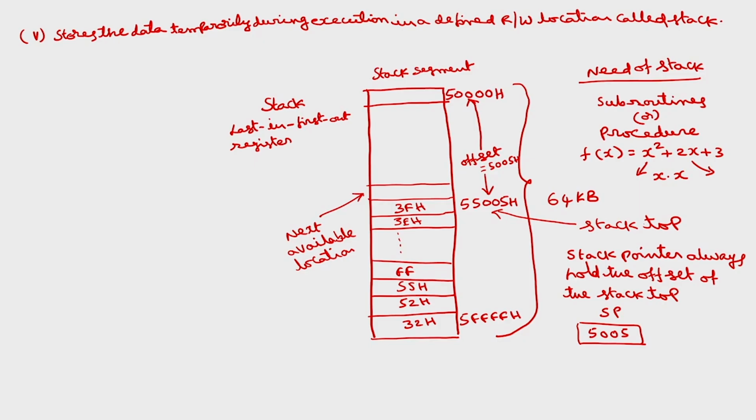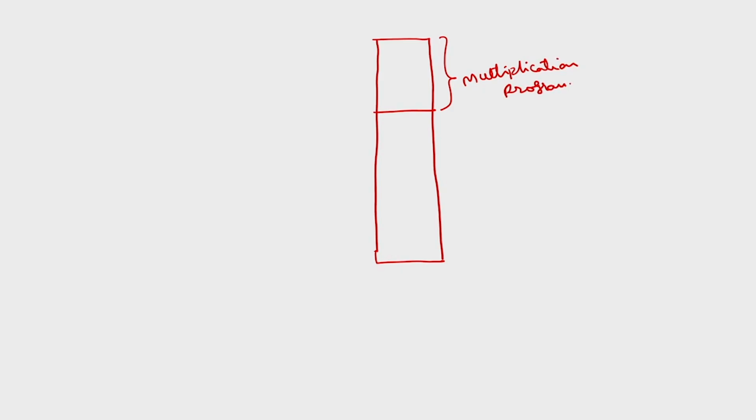So, if you write the multiplication program, suppose from here to here is the multiplication program, you give x and x as inputs, and this will give x square.